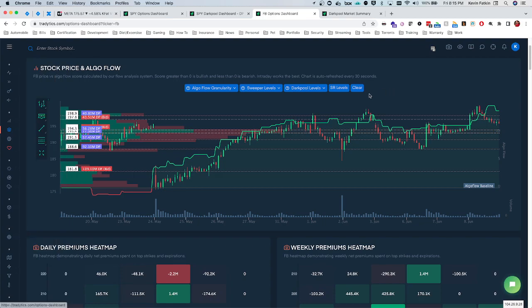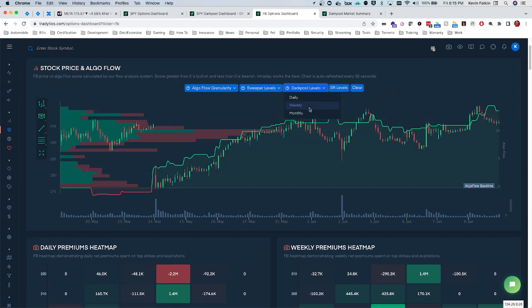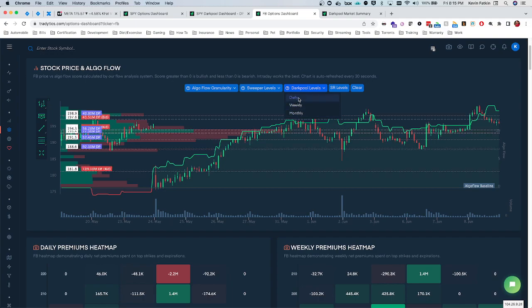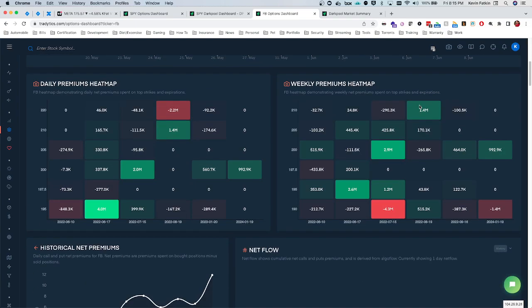I went into the options ticker dashboard. I went through and set the granularity to 30 minutes, set my dark pool levels to monthly, weekly, and daily, and plotted those.